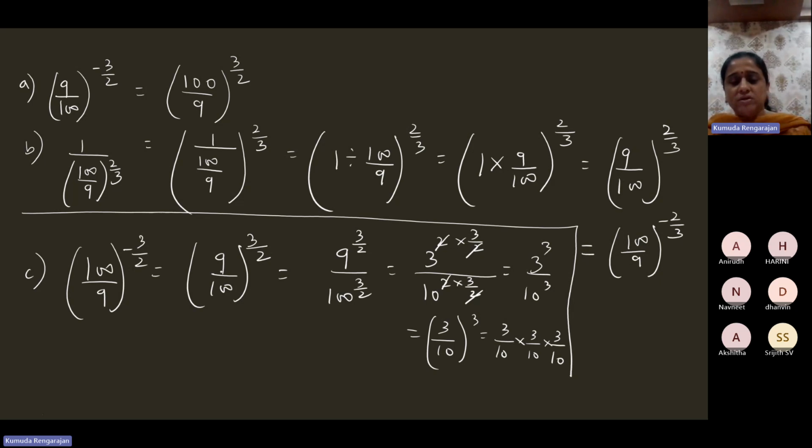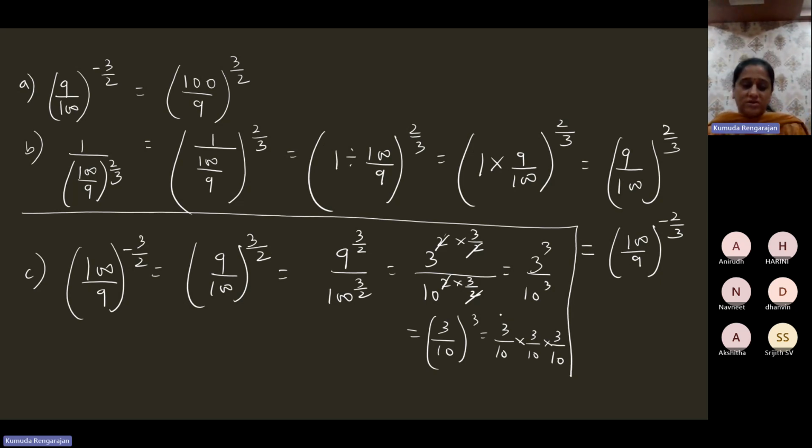Now this is 9 to the power 3 by 2 by 100 to the power 3 by 2. 9 can be written as 3 squared, but there's already the power 3 by 2, so multiply the powers. Again, 100 can be written as 10 squared, and multiply the powers. Now you can see 2 gets cancelled in the numerator and denominator. So we are left with 3 cubed by 10 cubed, which is 3 by 10 the whole cube, which is 3 by 10 into 3 by 10 into 3 by 10. So option C is the correct option.